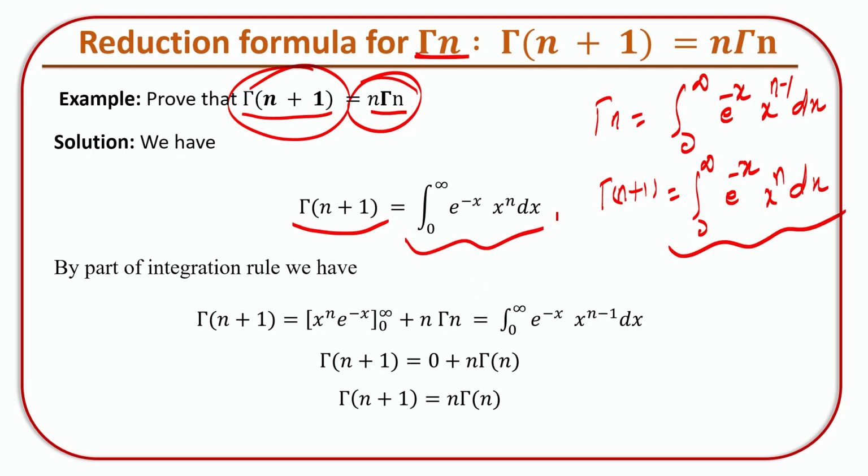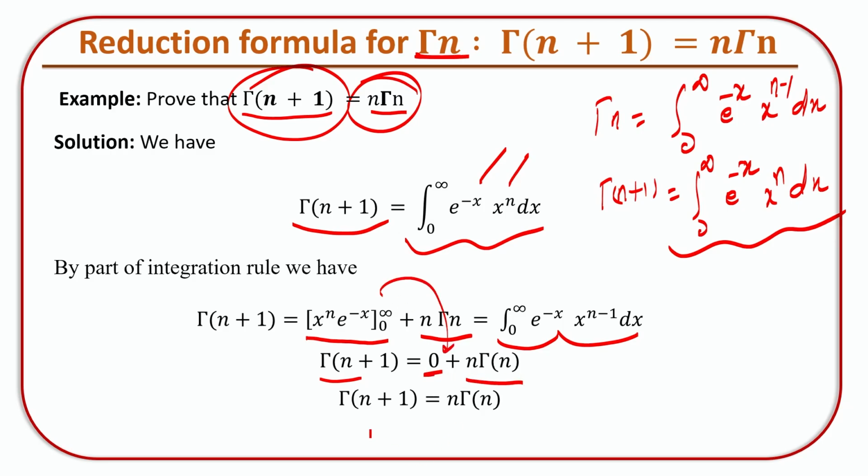And now take this by integration. Take u and v as two different functions, one exponential and another algebraic. And this will give you x^n e^(-x) dx. Use integration by parts, actually, n into gamma n, and this will become the integral from 0 to infinity of e^(-x) x^(n-1). Similarly, this will become 0 and n gamma n here.